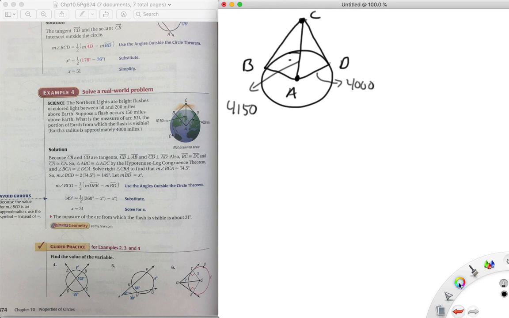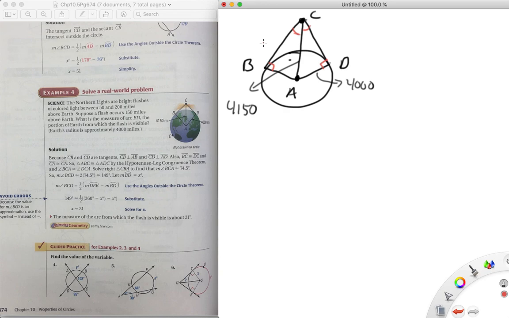The radius to the tangent line is always 90 degrees. So this is a 90 degree angle, this is a 90 degree angle. This is a perpendicular bisector, so that means that this angle and this angle here are congruent angles.